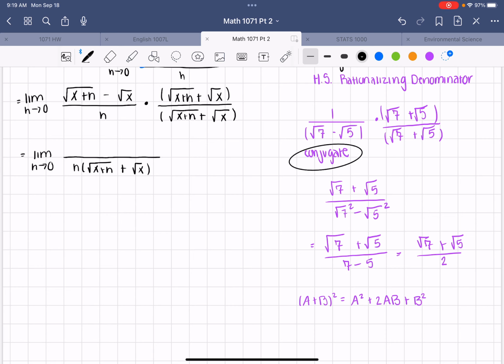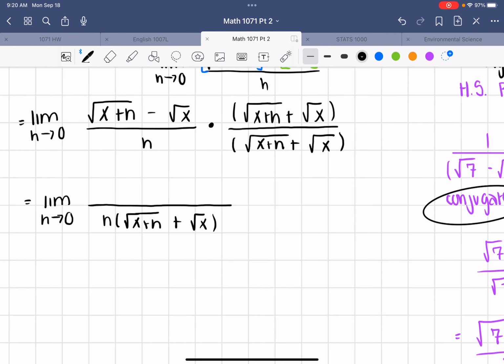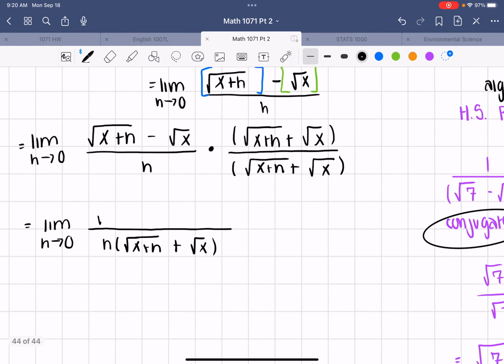And so, a minus b times a plus b, difference of squares. So that's root x plus h squared minus root x squared. Are we okay? You're applying that rule here. And now, doesn't that get nice? Because you're squaring a root, that's just x plus h.